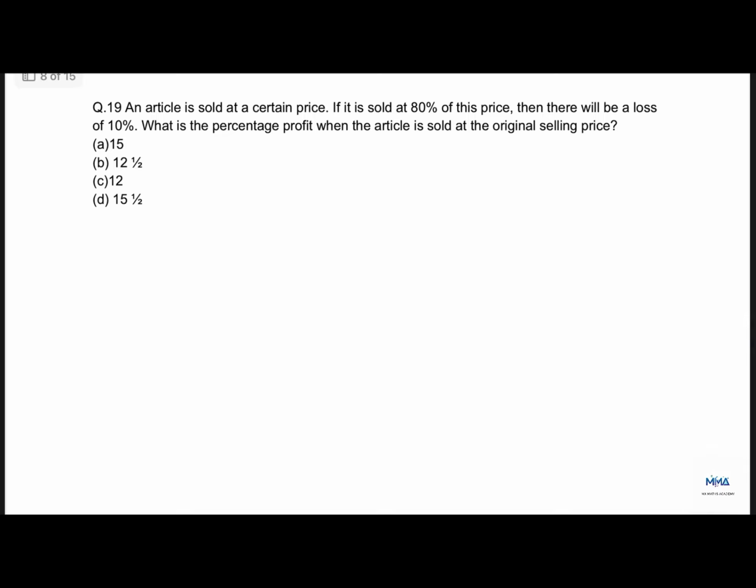An article is sold at a certain price. If it is sold at 80% of this price, then there will be a loss of 10%. What is the percentage profit when the article is sold at the original selling price? In the second case, the loss is 10%. So if you take CP to be 10, the second SP is 9. But we know the second SP is 80% of the first SP.